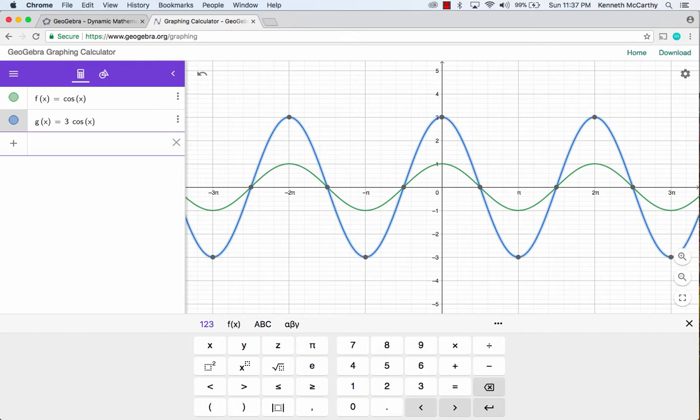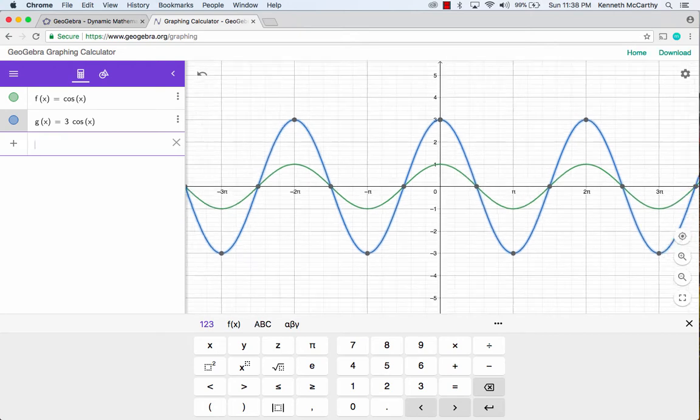The output is -3. Okay? Back at 3 pi over 2, we're at 0 for both, and then at 2 pi, when the pattern emerges, we're at amplitude 3. So we see that the output of the graph has been vertically stretched by a factor of 3.